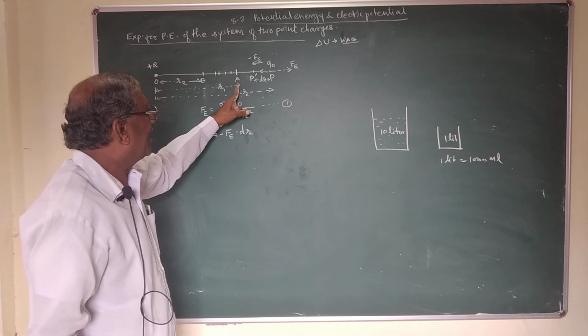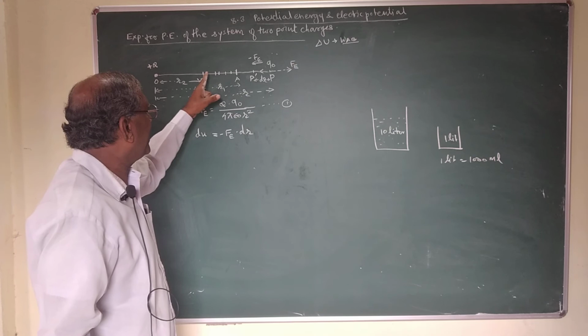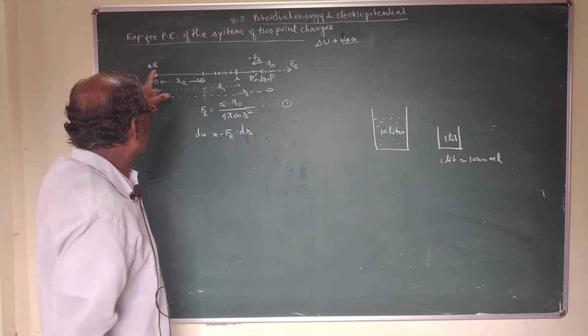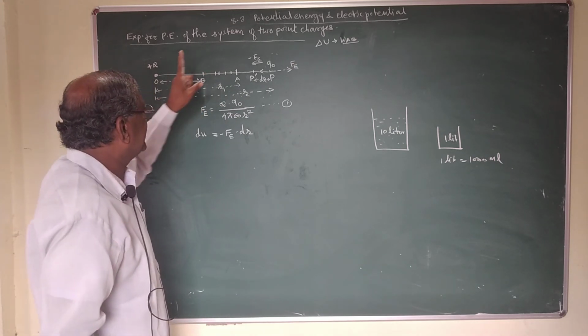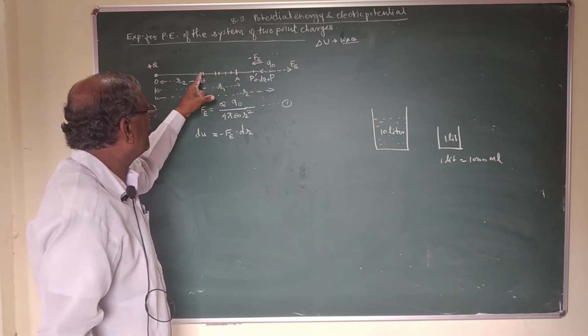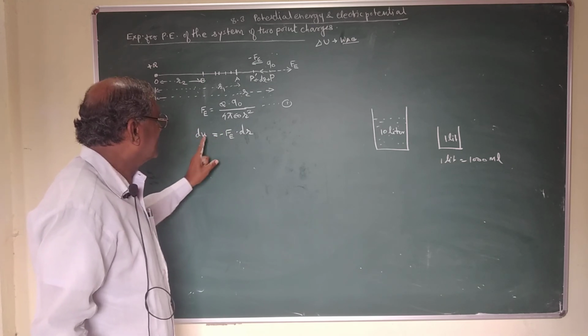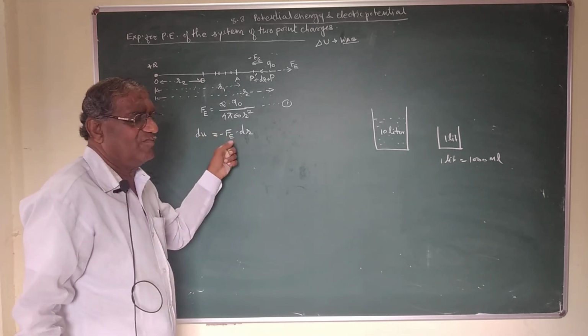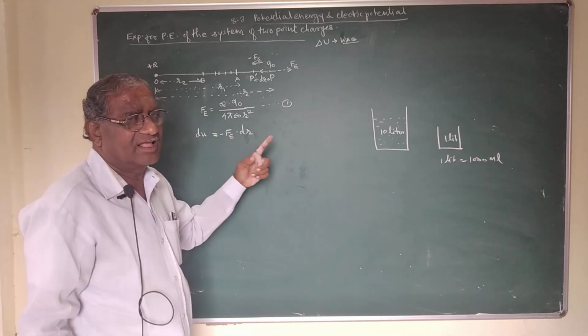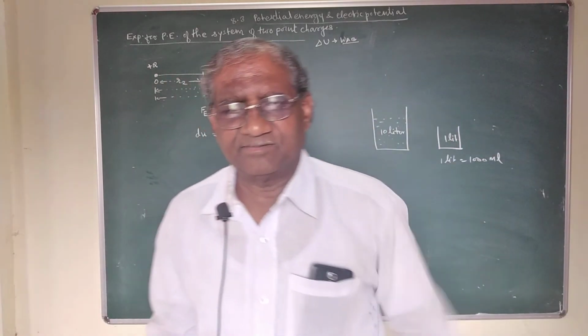Therefore, the total work required against the electrostatic forces between A and B due to the Q charge in displacing the Q0 charge from A to B is given by the sum of such a large number of works from A to B, and can be obtained by taking integration.